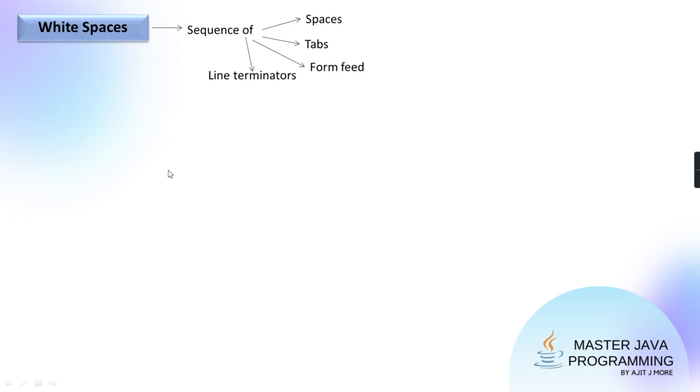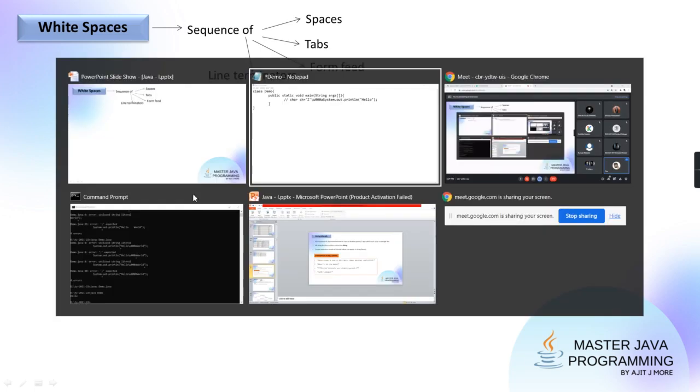Now, according to Java, white spaces only play the role of dividing the code into tokens. Means only for tokenization these white spaces are there. Otherwise, there is no other role of white space. If you put extra white space, it is going to get ignored.